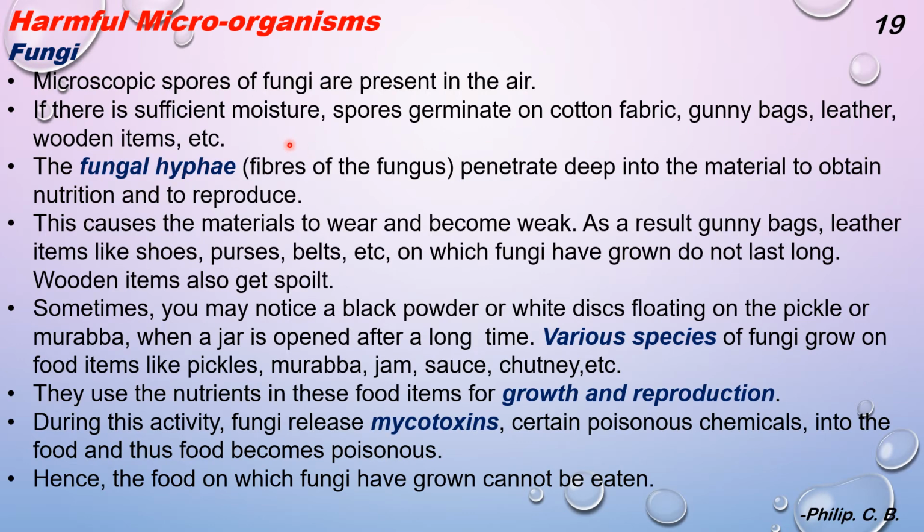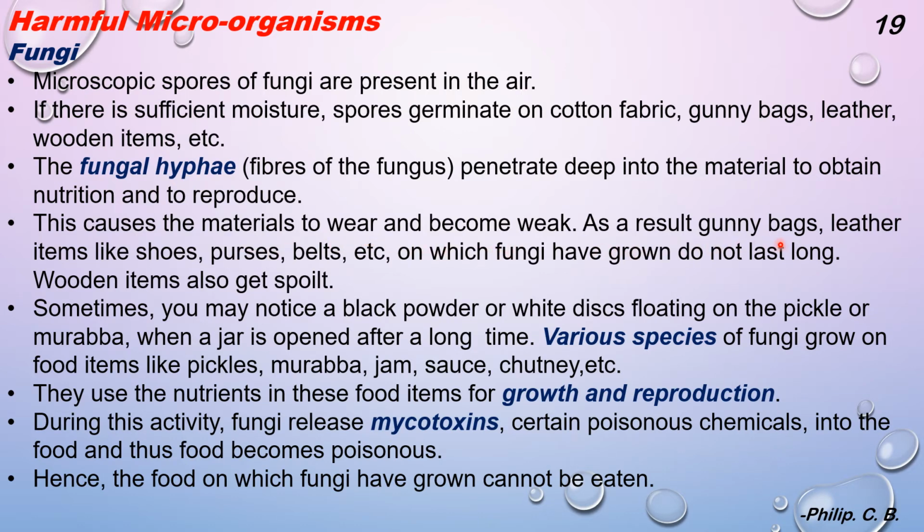Now this you can see during rainy season. If there is a little bit of moisture, all these cotton fabric, gunny bags or leather items quickly catch fungal infection. The fungal hyphae, that is fibers of fungus, penetrate deep into the material to obtain nutrition and to reproduce quickly. This causes the materials to wear and become weak.